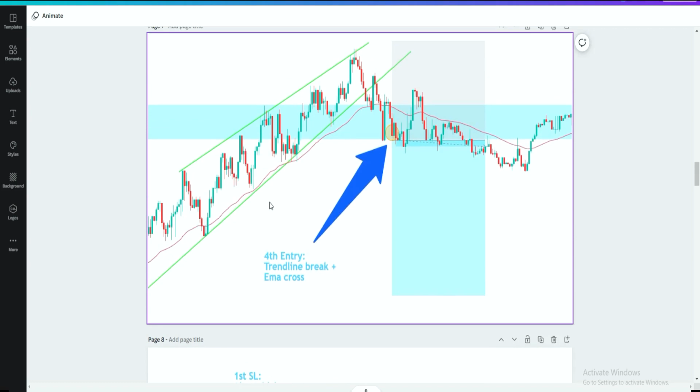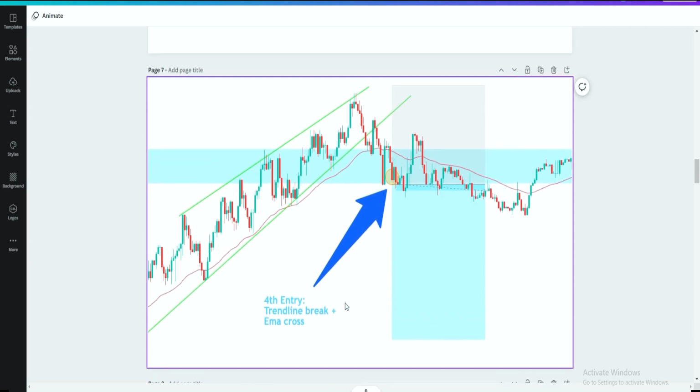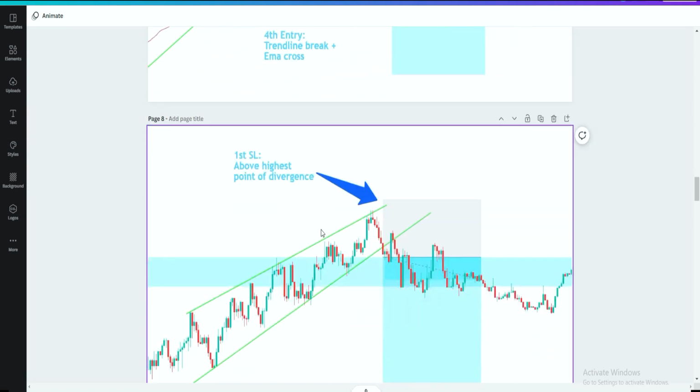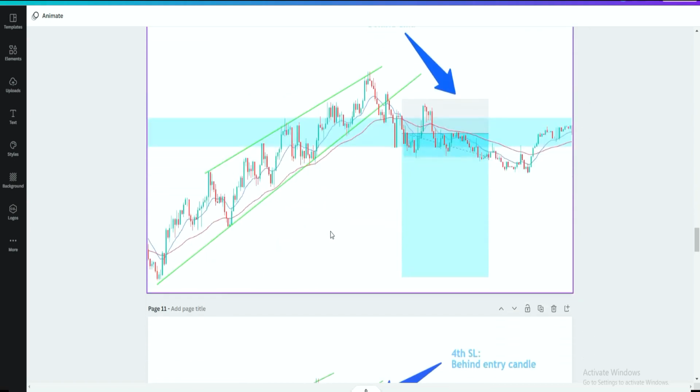Another entry would be a trend line break plus the EMA cross. So it's broken the trend line, and it doesn't look like we have our EMA cross here. Let's find it. Okay, here is our EMA cross right here. So we've got the 50, and then the 14 has crossed with the 50.